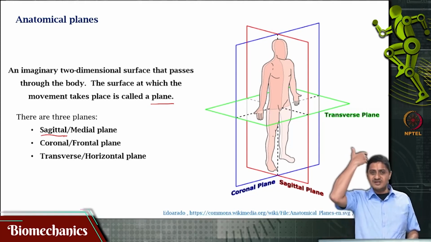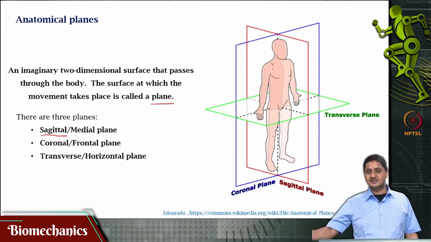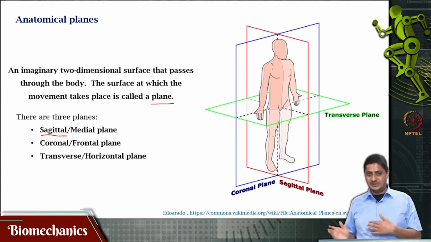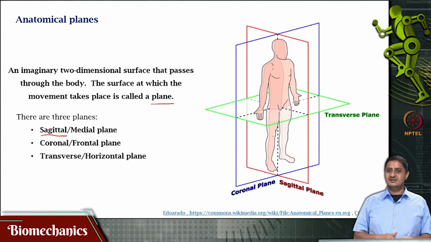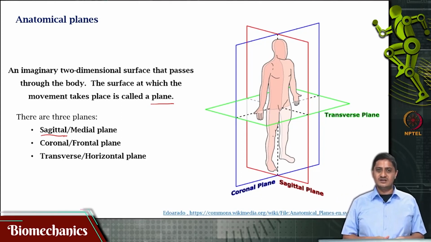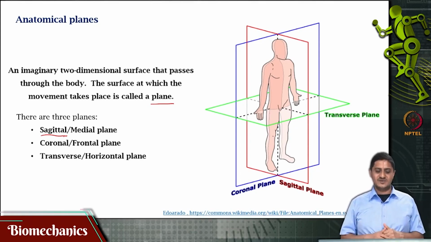Note that there can also be a sagittal plane that passes just through my shoulder but not through my head. That is a different sagittal plane. It just has to divide the body into 2 parts, a left part and a right part. That is it. So, a sagittal plane divides the body into a left part and a right part, or 2 sides of the body. Okay. Sagittal plane.